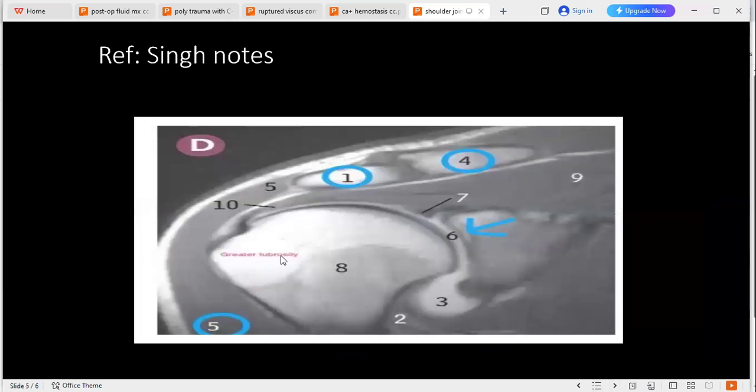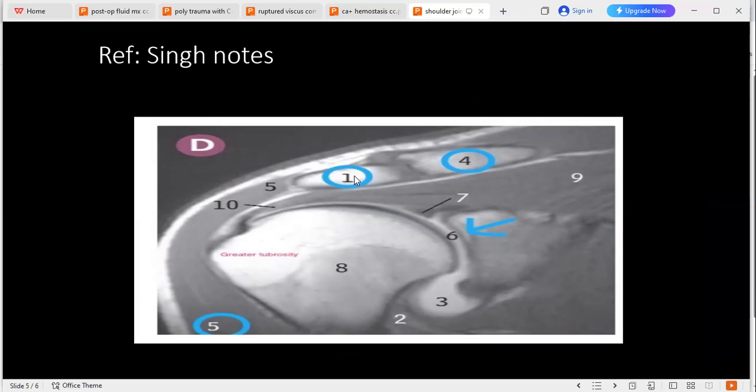What are you looking at? What kind of imaging is this? This is CT for the shoulder joint. Is it CT? No, it's not CT, it's MRI.